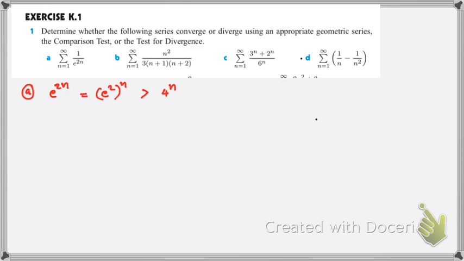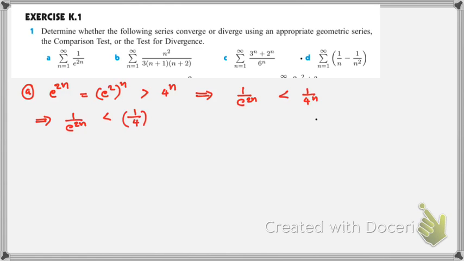Now to get our an, I need to take reciprocals, and when you take the reciprocal, the inequality flips. So it was greater than, and when I took the reciprocal, it became less than 1 by 4 raised to n. So this is my an, and this is going to be my bn.